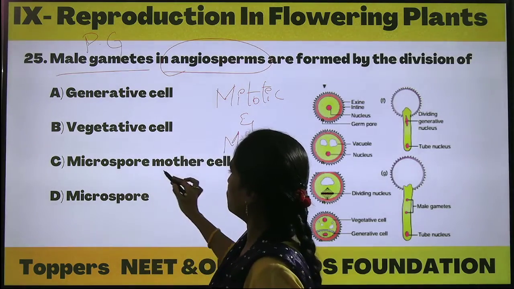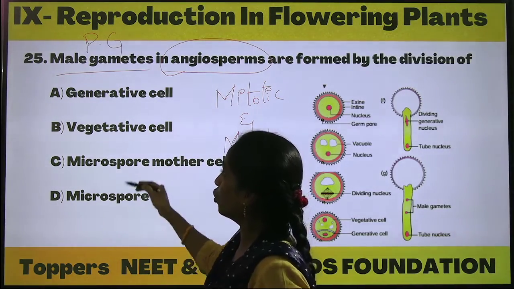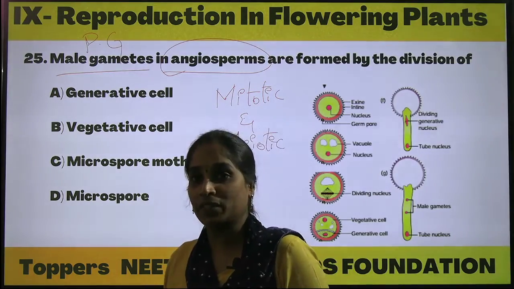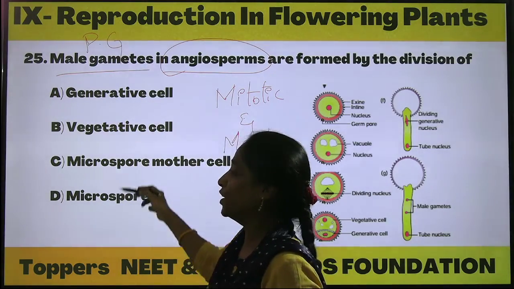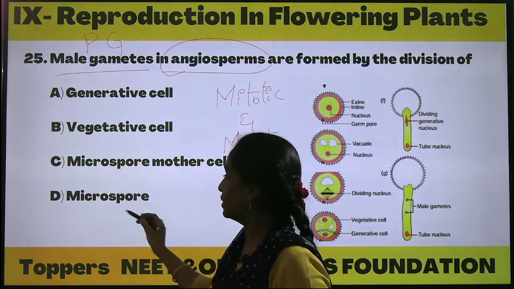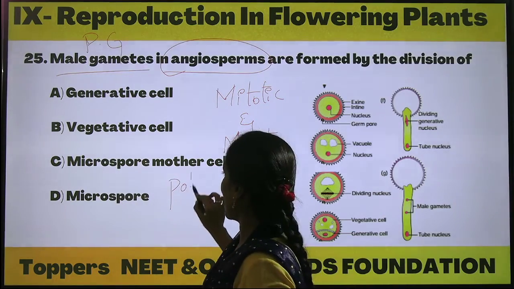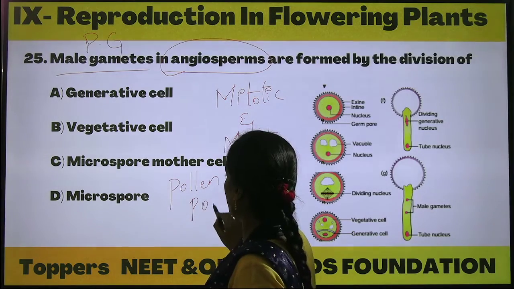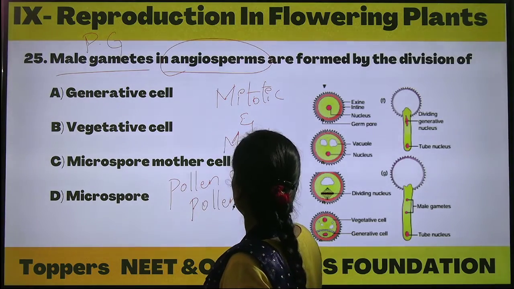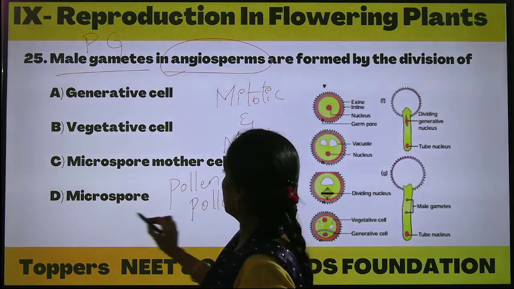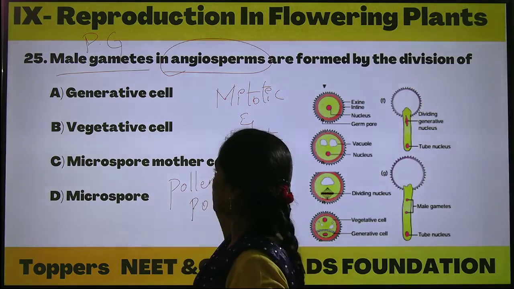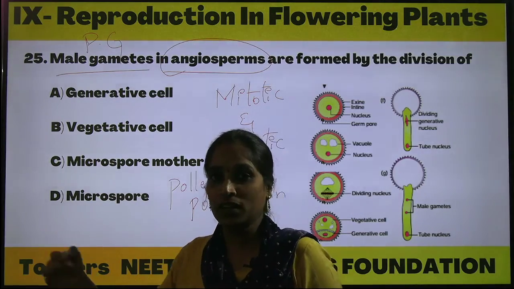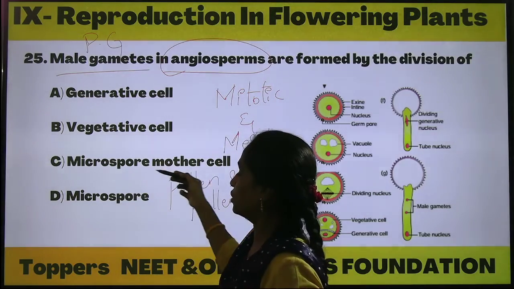So the microspore mother cell and the microspore also form the male gametes, but these are the conditions. When do they form? For forming the pollen sac and the pollen grains, okay. So these microspores and the microspore mother cells go through a continuous, frequent division process.